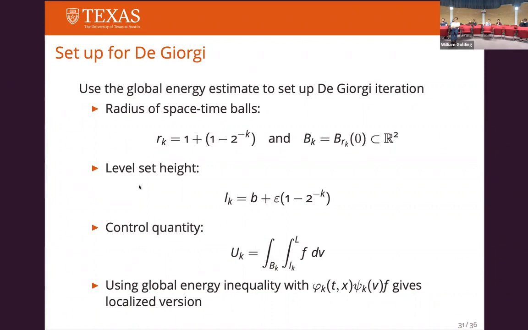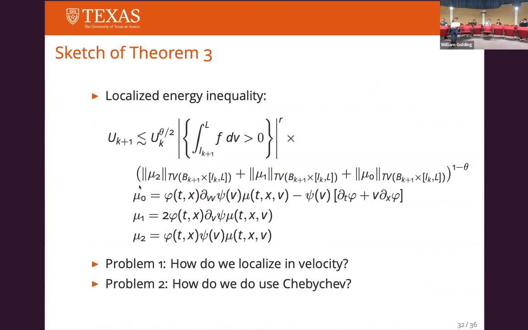You don't have to do this in a scalar case, which makes everything work there much nicer. So when you localize, this is where these measures come up. You gain derivatives on the test function for these measures. And now what you have to do is bound the total variation of these measures, and you want to use this to get back to the control quantity at the previous step.